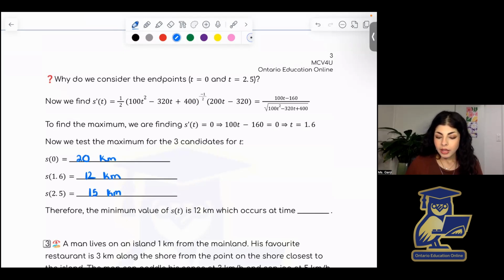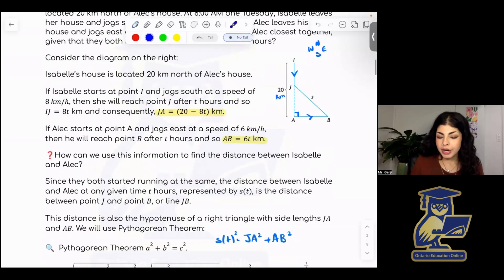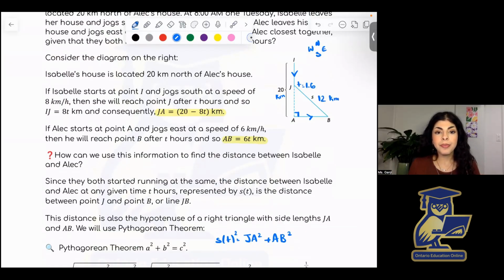And so going back to our graph here, so perhaps this is time 1.6. And so this distance would be 12 kilometers. And then as they continue to jog, Alec is still getting further and further. So even though Isabel is getting closer, Alec is like all the way gone.